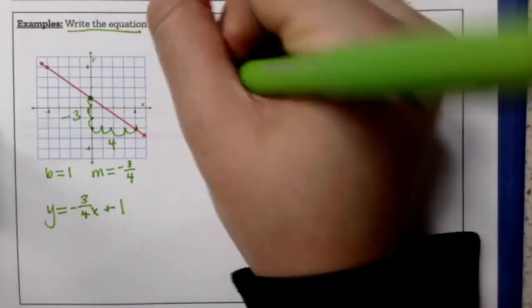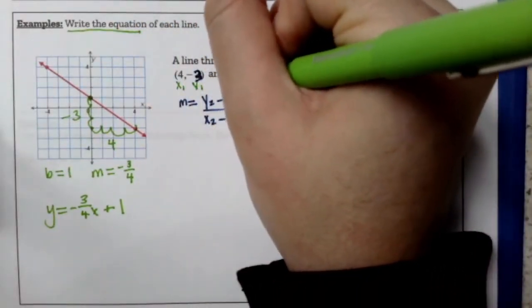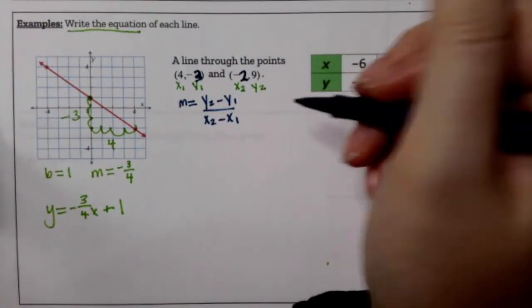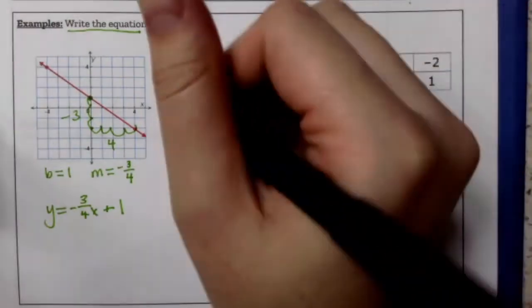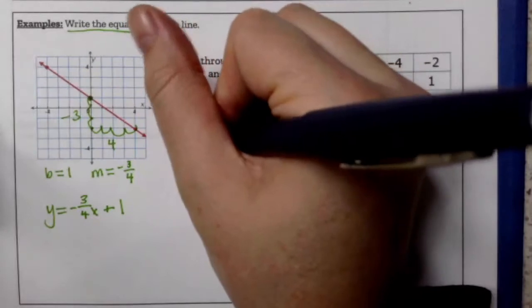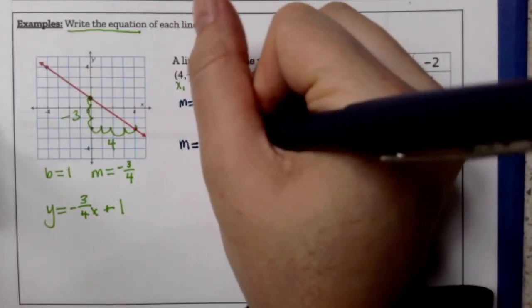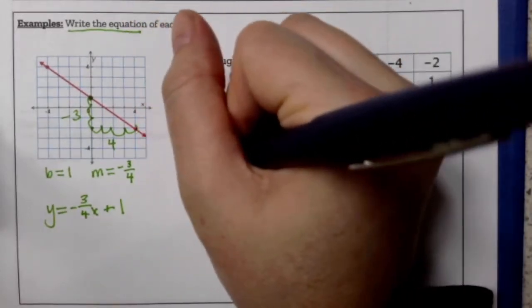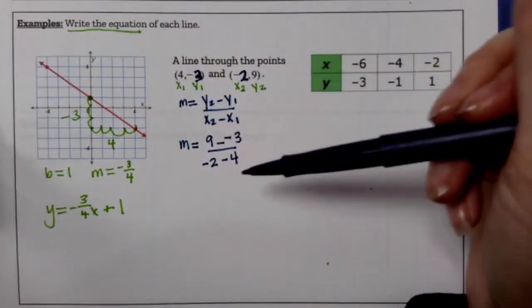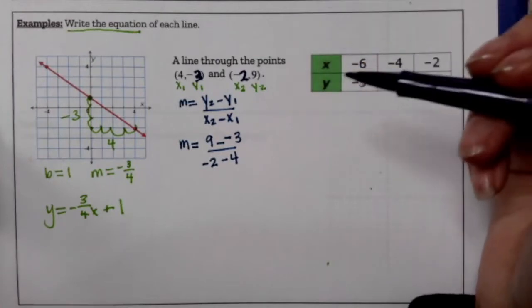And we can label our points x1, y1, and x2, y2, so that we can go ahead and plug them into our slope formula. So this is what you should get in your slope formula.